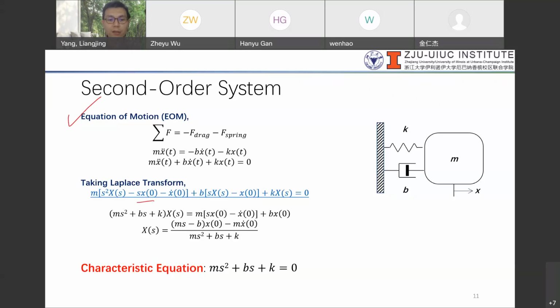But a lot of time, initial value can be put as 0, unless stated otherwise in the question, right? So in this case, you're going to do Laplace transform from here. You take Laplace transform.